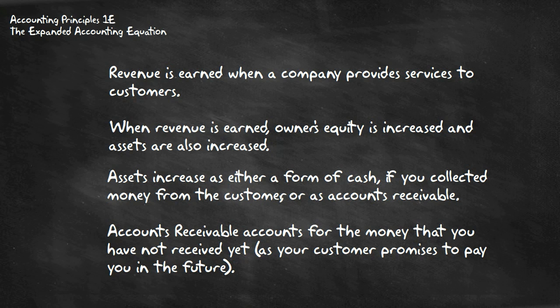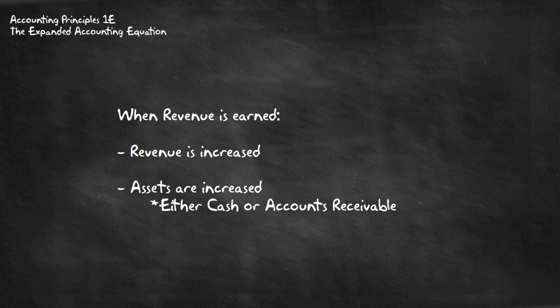Accounts receivable accounts for the money that you have not yet received, as maybe the customer promises to pay you in the future. So again, when revenue is earned, transactions are recorded as an increase in revenue and an increase in assets, either as cash or accounts receivable.